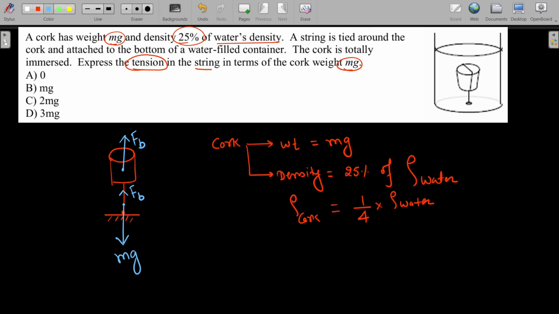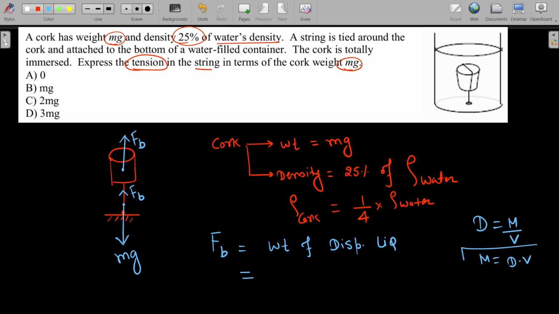So let us try to calculate the FB and mg, both the forces. Let's calculate the FB first, that is the buoyancy force. We know the concept for the buoyancy force. It is nothing but the weight of displaced liquid or water. So how can we write the weight of displaced liquid? See, density is equal to mass upon volume, so mass is equal to density into volume.